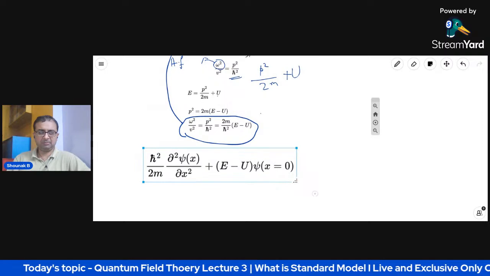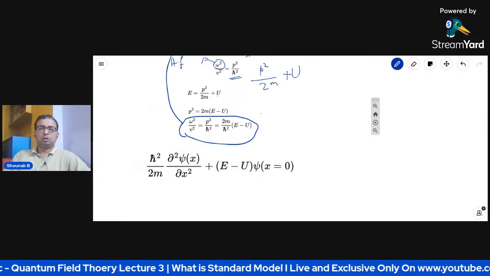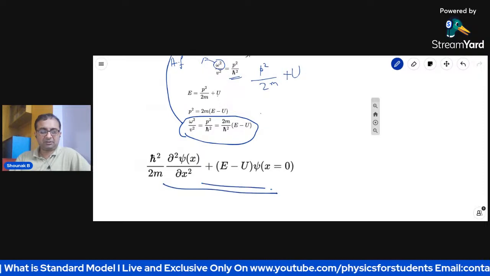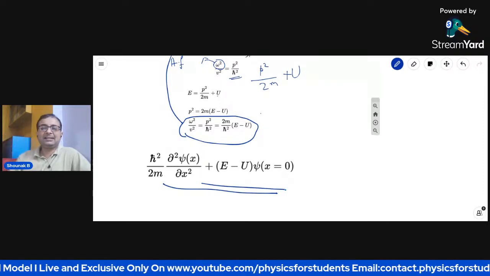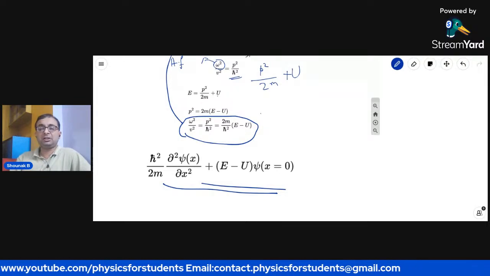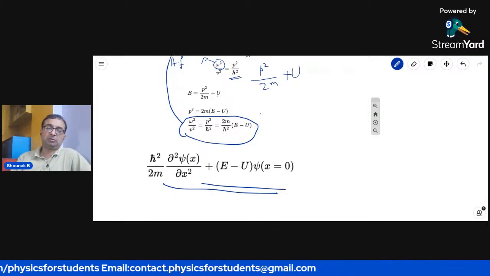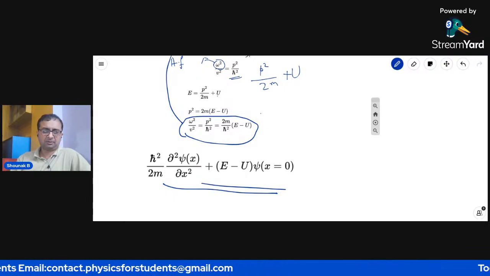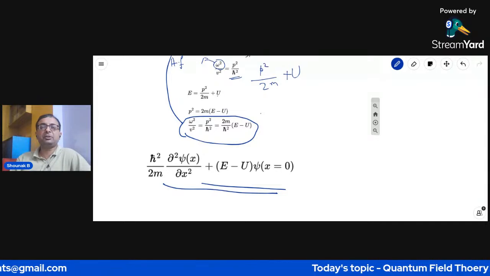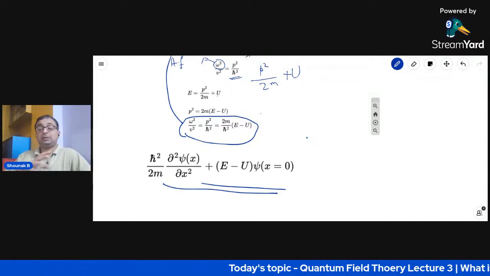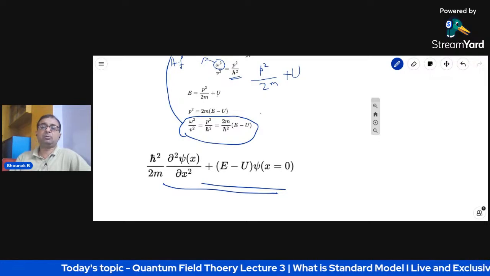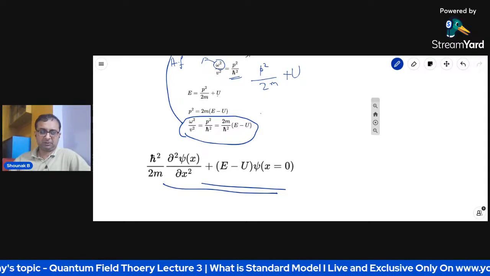Let me make it a little bigger. This equation is what is called the famous one-dimensional time-independent Schrodinger equation for electrons. We have not taken the time, otherwise things will become more complicated.